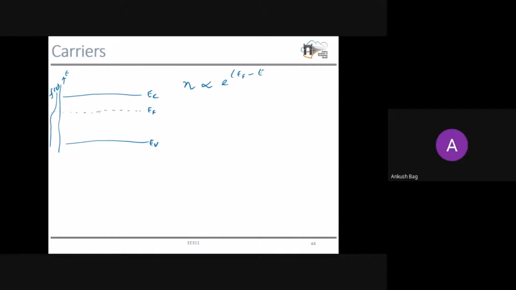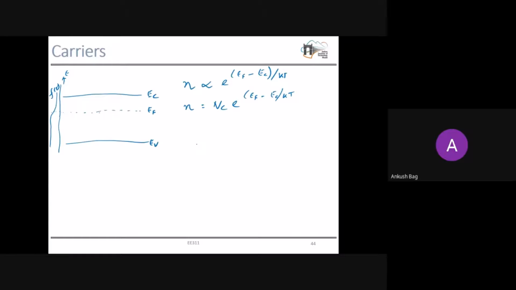So EF minus EC divided by KT, and here we can write this proportionality constant as NC. So N equals NC times exponential of EF minus EC by KT.